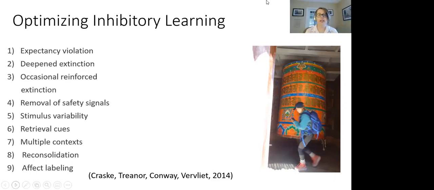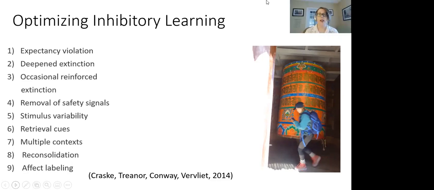And there was a lovely paper by Michelle Krask that I always cite, because I think it's just a nice summary of things that you can do in your exposure practice with your clients, very concrete things that will help you maximize your work and really maximize how the exposures are working.